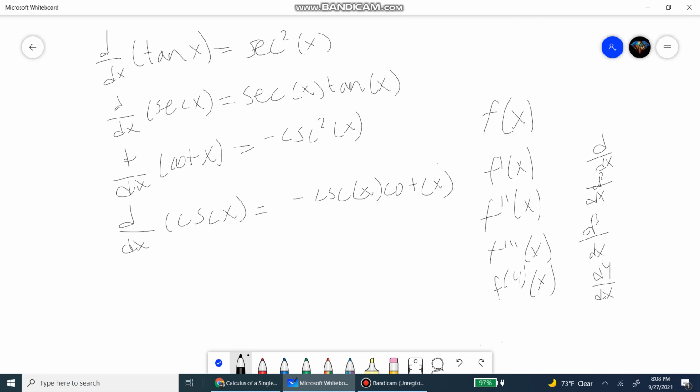But that's pretty much it. And oh wait, one more thing. It's actually d over dx, d2 over dx squared, d3 over dx cubed, d4 over dx to the fourth.